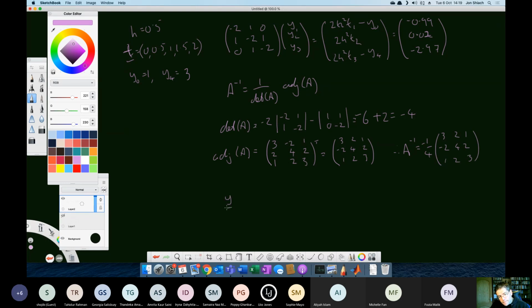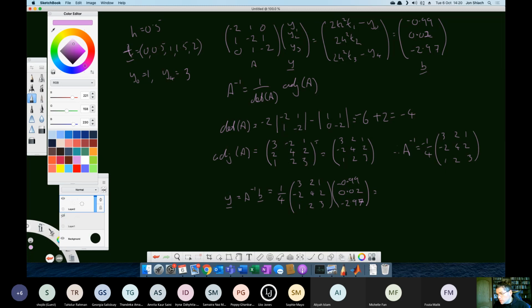Our solution will be inverse A times B, because that's A, that's our Y, and that's our B. So we multiply those together, multiplied by our constant matrix, minus 2.97.